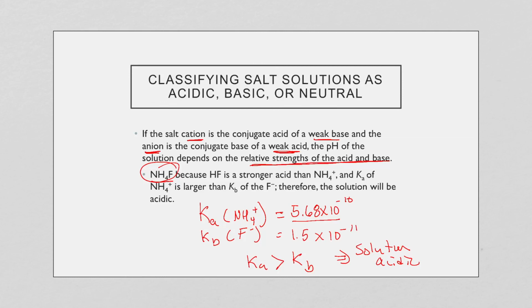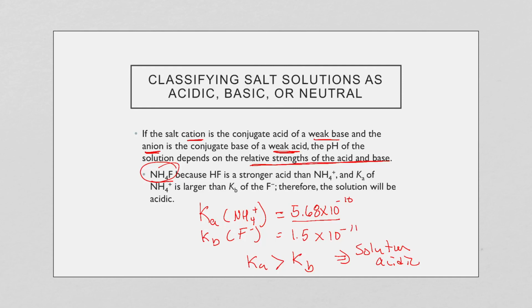So the acid wins out, meaning since this is a bigger number, it's going to be more product favored. So the equilibrium of ammonium producing hydronium ions is going to be more product favored than the F minus equilibrium producing hydroxide ions.